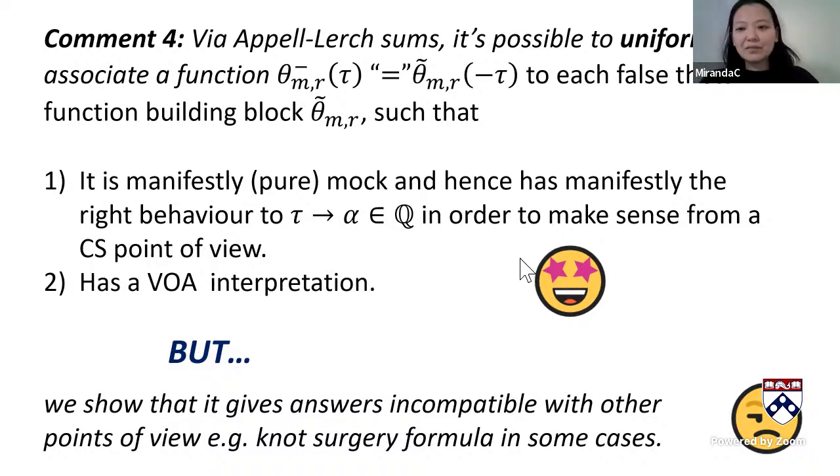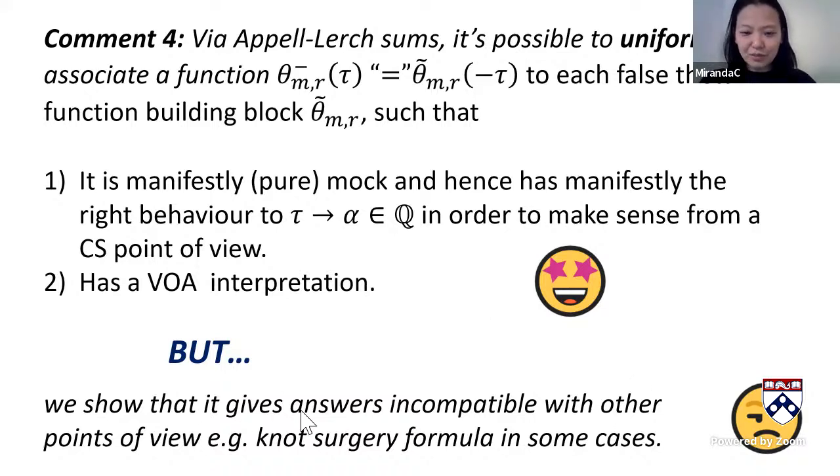And then, moreover, you could show that it has the right behavior in order to make sense from a Chern-Simons point of view. Even better, I could give you a vertex algebra with these as characters. Okay, so that seems to be much nicer.